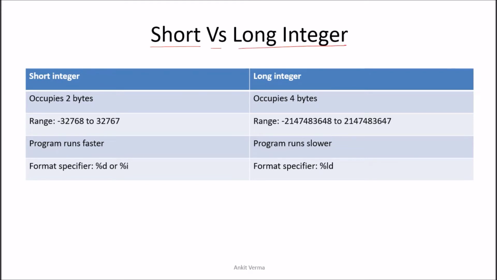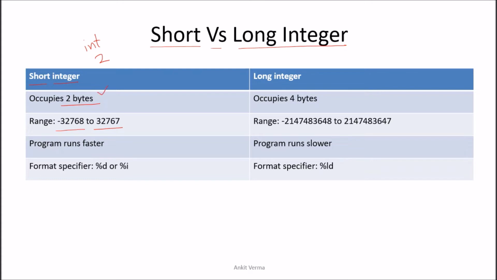As we are saying, short integer occupies 2 bytes only. This is the default option where integers store 2 bytes. Starting with Turbo C, it takes 2 bytes. That's why we used to say integer takes 2 bytes of memory. And you already know there is a formula by which we can derive the range. So the range is minus 32768 to 32767.